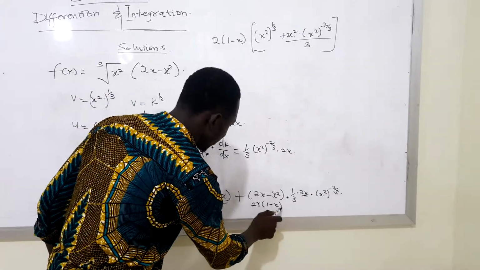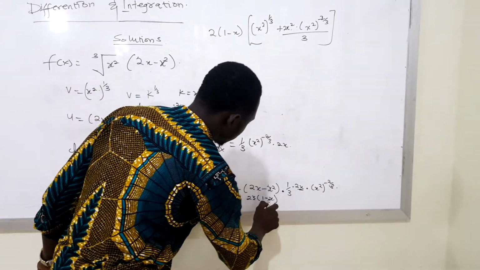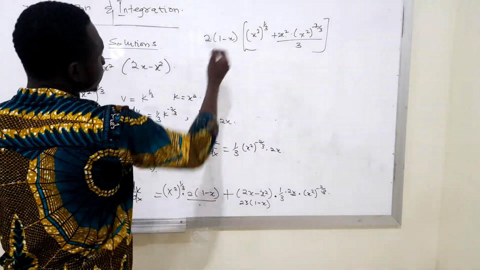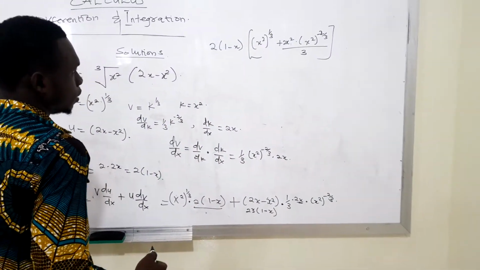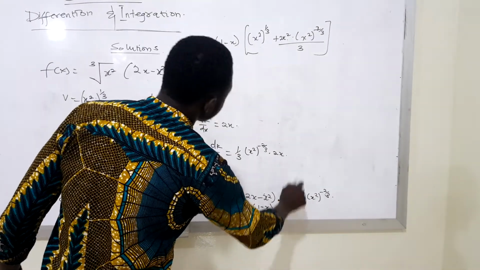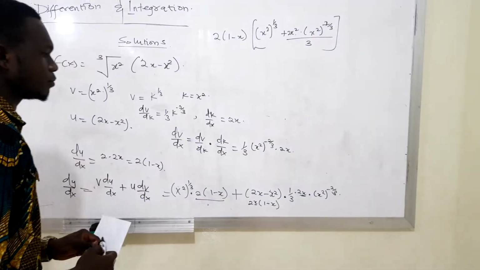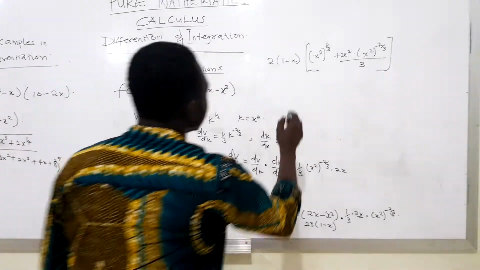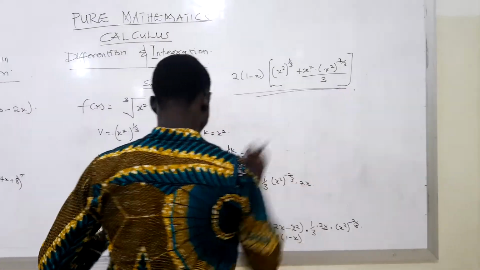And so I'll factorize my 1 minus x out. That is it. Then this whole expression is divided by 3. So this will be our final answer.